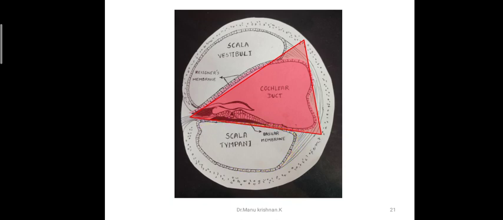And the boundaries of this cochlear duct: the roof is formed by a membrane called the vestibular membrane, and this is the basilar membrane which forms the floor of the cochlear duct, and the outer wall is formed by the bony wall of cochlea. So that is clear for you, I hope.